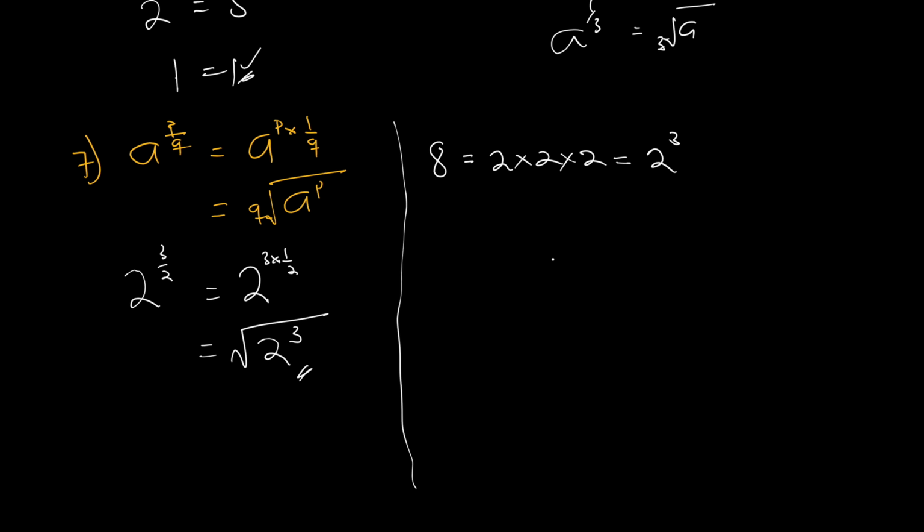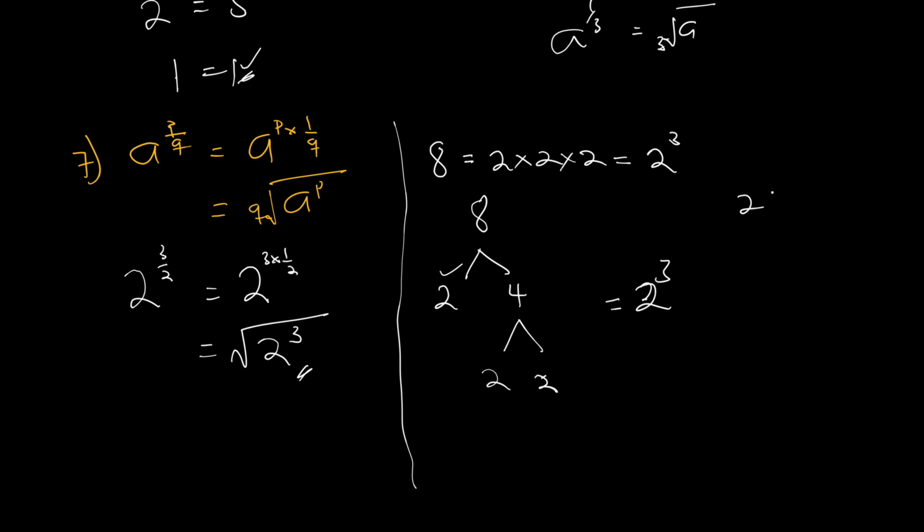Or we can use the old method, the method we know from class 6 and JHS. If we have 8, we use a number tree, so we have 2 and 4. So 2 times 4 will give us 8. And then for 4, we have 2 and 2. So this will be 1, 2, 3, so 2^3.